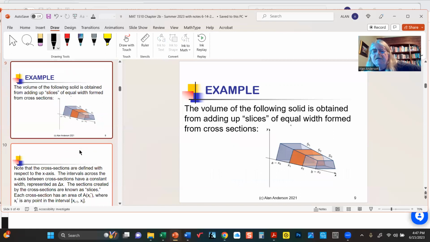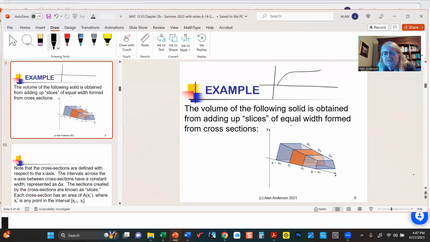Now here they're giving us a very challenging one. I don't know if there's even a name for this thing. They're going to just call it a solid. But what they're trying to get at here is that just like when we were doing integration, let's start with 0.